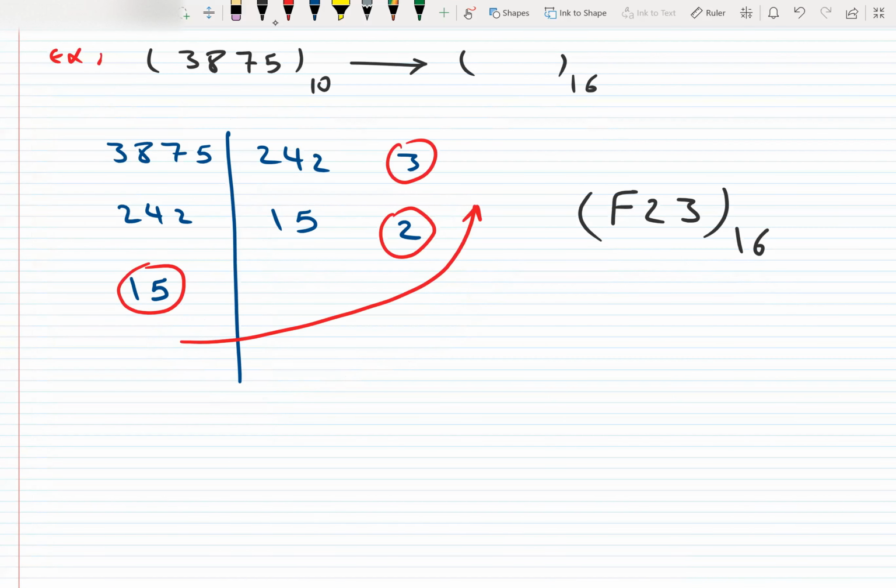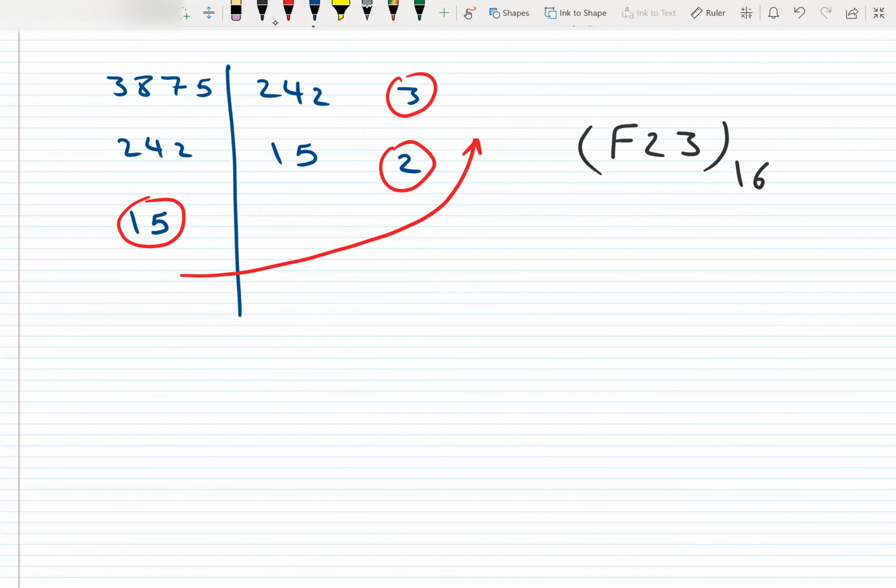Okay. We want to check the answer. So let's check our answer to see if it is correct or not. Let's convert this number from base 16 to base 10 with the method that we know, by multiplying the coefficients by the power of 16.